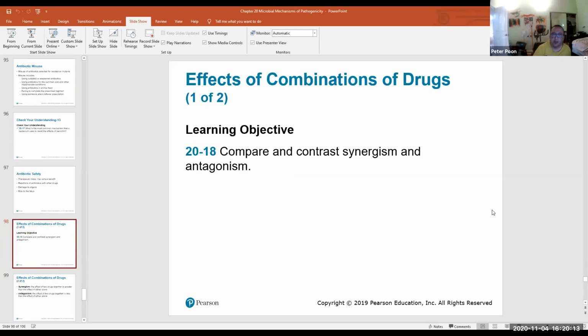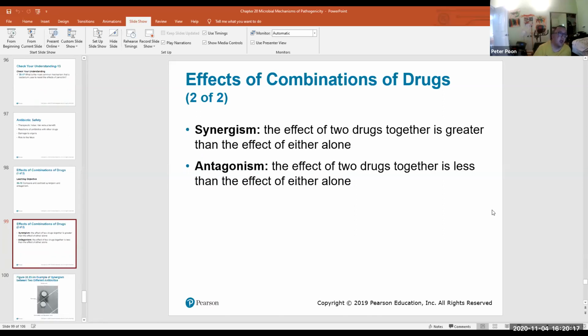Synergism is basically when the effect of two drugs together is far greater than that of each of them alone. So in mathematical terms, 2 plus 2 is equal to 5, 6, or 10. Antagonism is where they get in each other's way. So in mathematical terms, 2 plus 2 equals 2 or even 1.